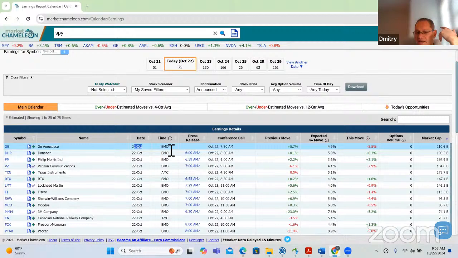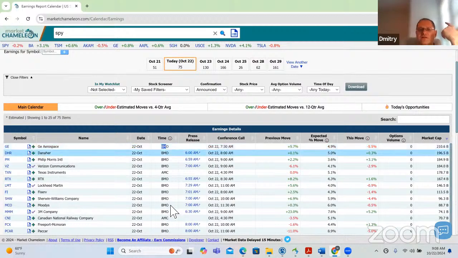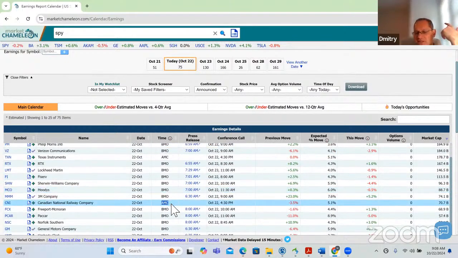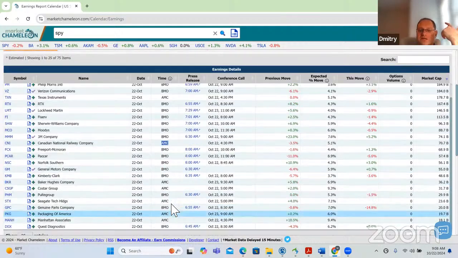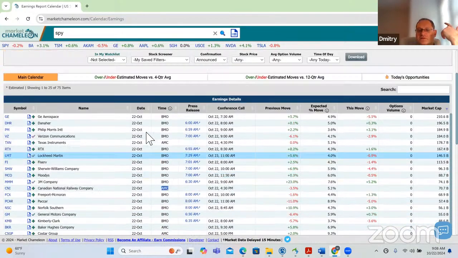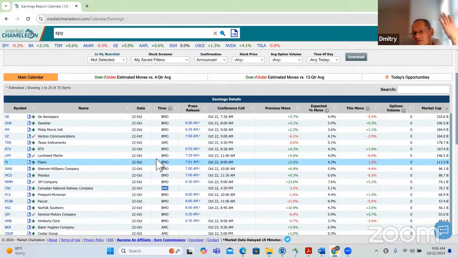Okay. And then we have this BMO, and you'll have AMC. And sometimes you might even have something different. But BMO stands for before market opens. In other words, they're expected to report earnings sometime before the market officially opens at 9:30.